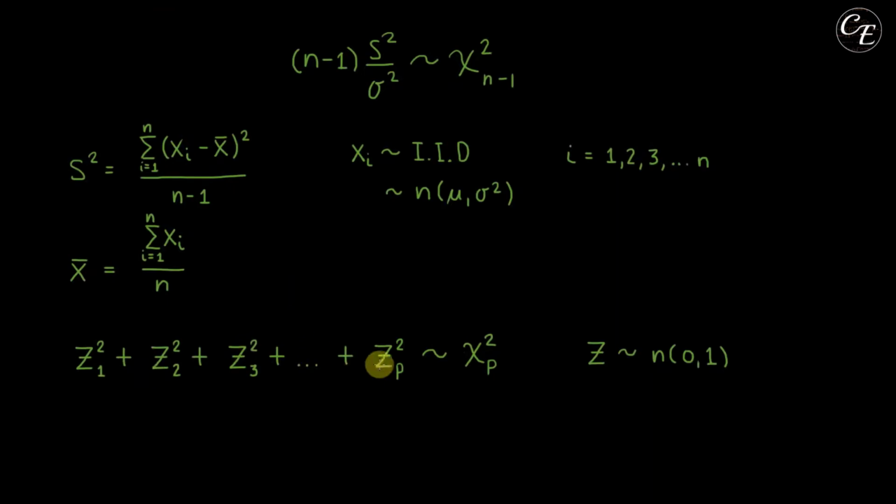Now to use this theorem, we need to convert the random variables, which are in terms of x sub i, a normal distribution, into random variables which have a standard normal distribution. To do that, we'll use the fact that x sub i, which has this distribution, minus mu, its population mean, over its population standard deviation, has a standard normal distribution.